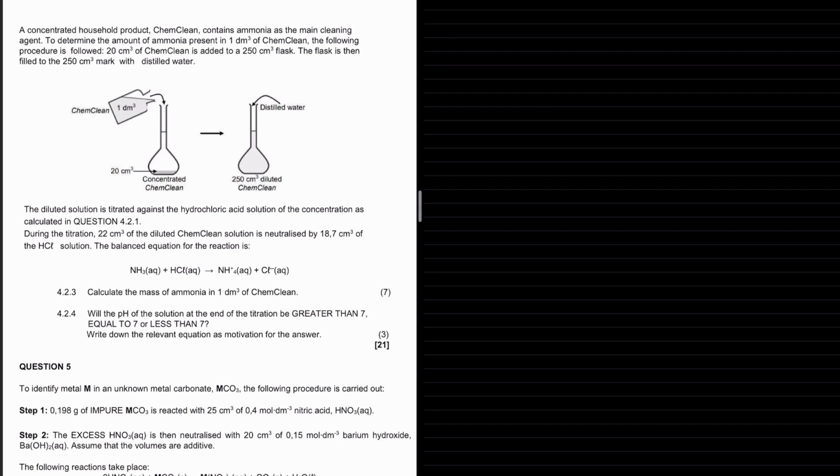So here, again, it reached endpoint. There was a titration and it was neutralized. So I'm going to use the formula again: CAVA over CBVB is equal to NA over NB. Now, we know the concentration of the acid. We worked it out in the previous question, so that's 0.103.